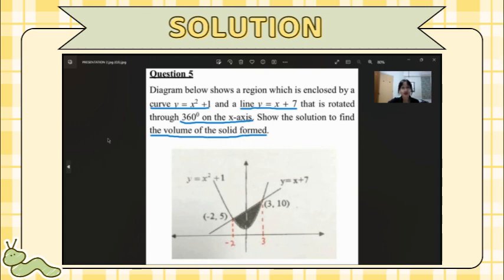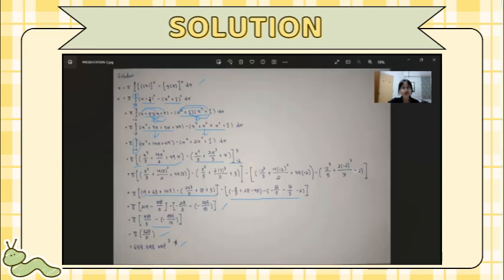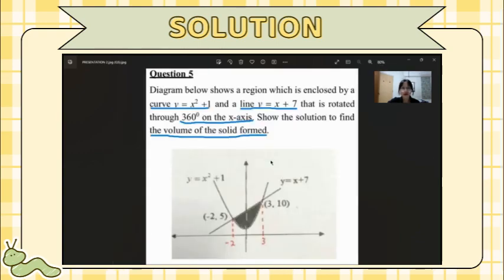So here is the solution. The formula for this question is V equals pi integral from a to b of (f(x))^2 minus (g(x))^2 dx. Before we go through the formula, as we see in this diagram, make negative 2 as a and 3 as b.